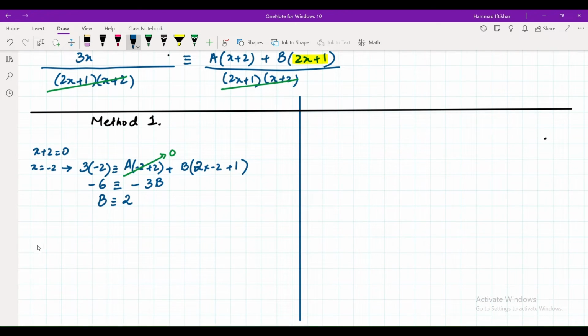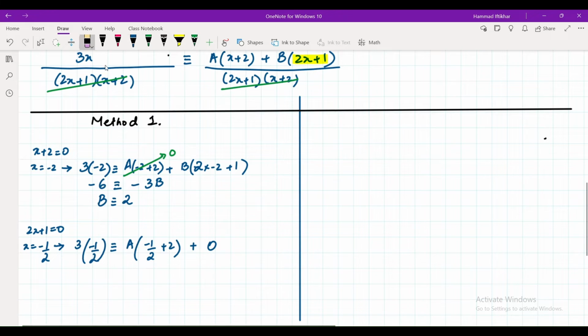Easy, straightforward. Let's use the other one. 2x plus 1 equal to 0. We will get x is equal to negative half. We plug it in: 3 times negative 1 over 2, a times (negative 1 over 2 plus 2). And since we are already putting 2x plus 1 equal to 0, we don't need to even show that.